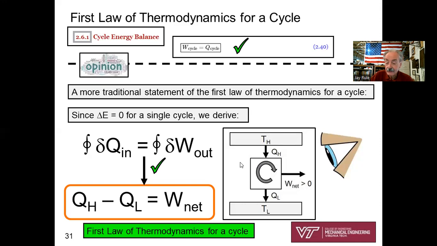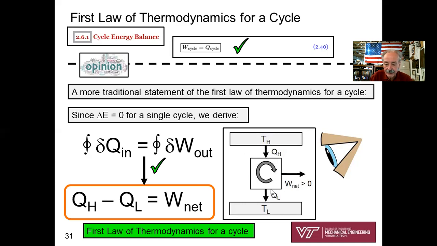Now, let's see how that relates to our schematic diagram. Can we visually see the cyclic integral of heat in? Well, it's QH going in and QL going out. That's studying everything from a big picture, not looking at every single process, but from the high-level schematic.